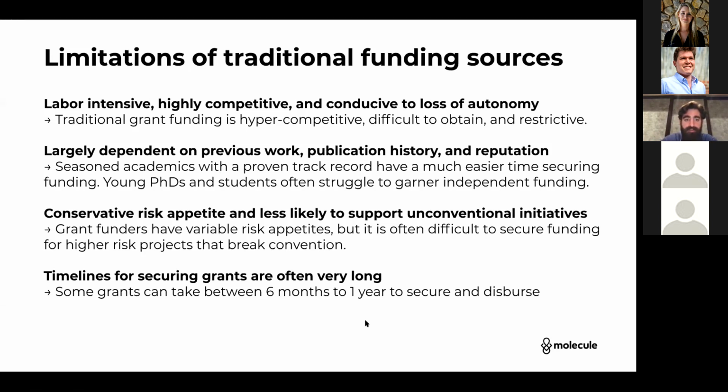Often there's a conservative risk appetite, so there's not always grants to support unconventional initiatives. There are variable risk appetites depending on the source of the grant and what it's supporting, but it can be more difficult to secure funding for higher risk projects that break convention.